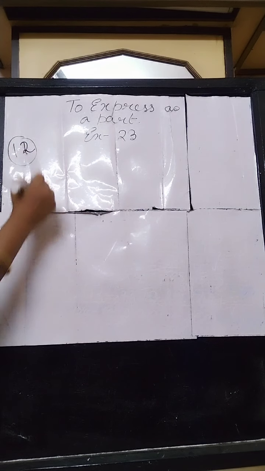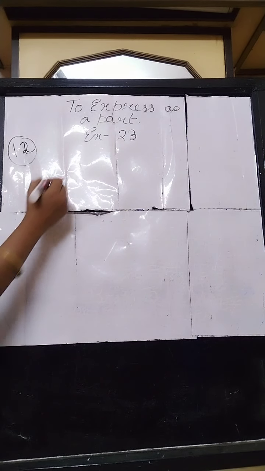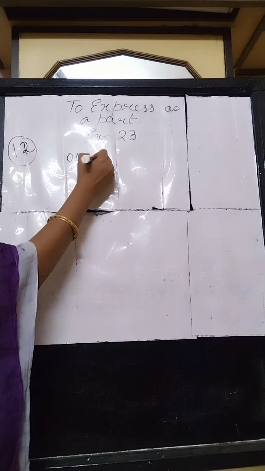In a particular day, class 5 of your school has 45 students present out of 60 students, and in another school 35 students are present out of 50 students. So there are two comparisons.